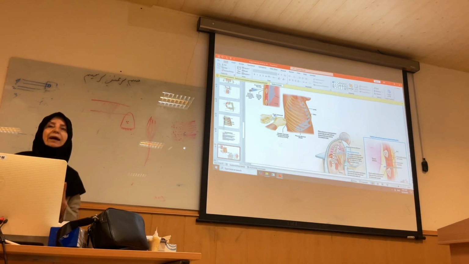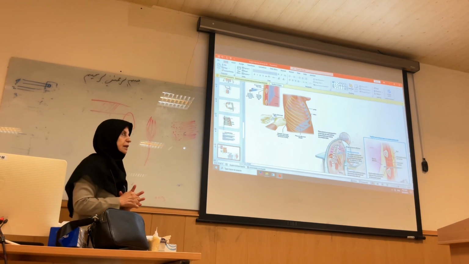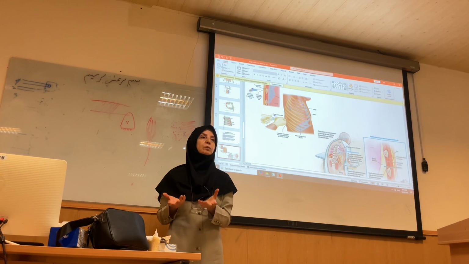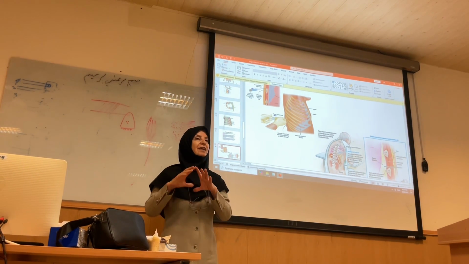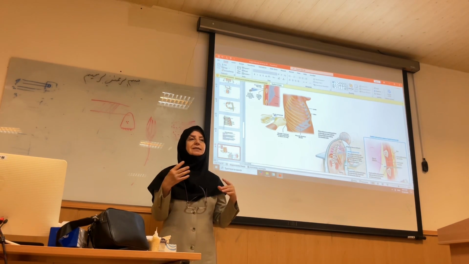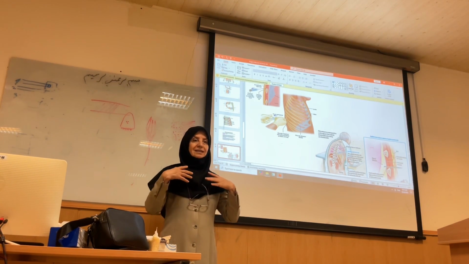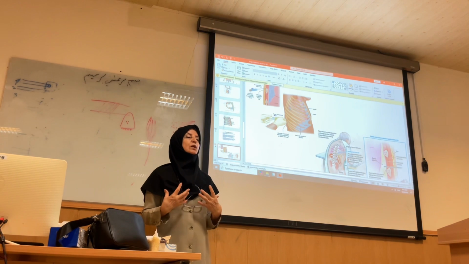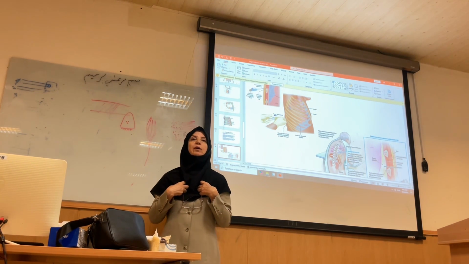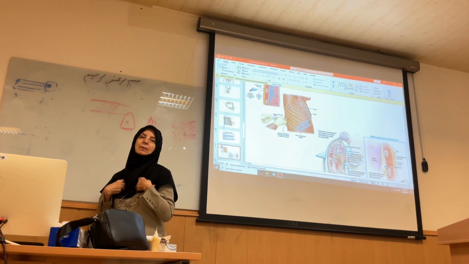Normally around the lung we never have any accumulation of fluid, but in some patients we have accumulation of fluid, such as pus, such as blood. This accumulation of fluid is going to compress the lung and make problems for the breathing of the patient.